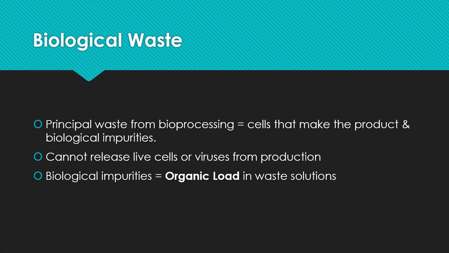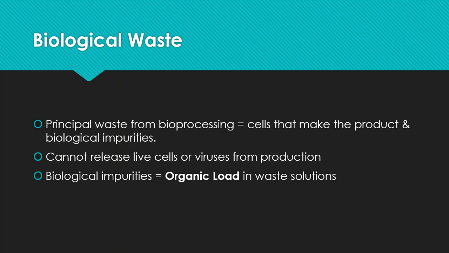Biological waste. Again, this is the main waste that gets generated from bioprocessing, because that's what this definition is all about: taking something biological in nature and producing something from it, so that we can harvest it, clean it up, purify it, bottle it, package it, and then sell it to a consumer.